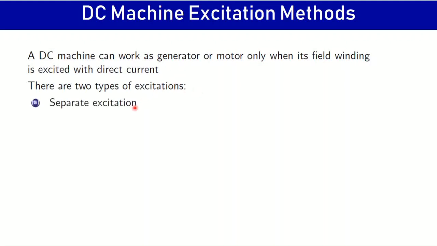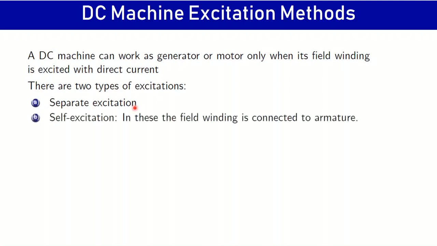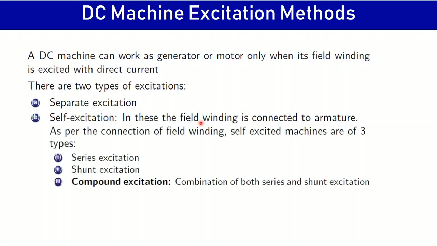One is a separate excitation when you give a supply to the field winding, which is a separate supply, and self excitation in which the field winding itself is connected to the armature winding. So here, because the two windings are being connected to each other, there are three possible combinations.